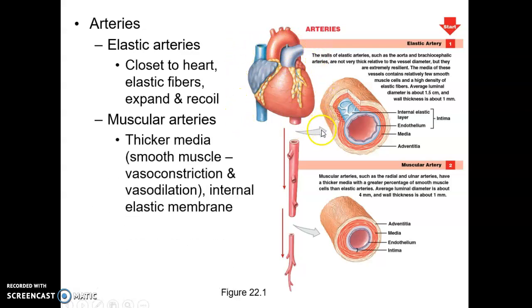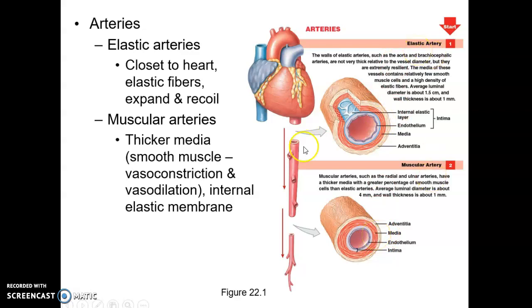Then there's a transition to the muscular arteries. So proportionally, there's a thicker media, or tunica media, in the muscular arteries compared to the elastic arteries. The elastic arteries are larger, thicker in diameter compared to the muscular arteries, but when you consider the blood vessel wall, the media is proportionally larger in the muscular arteries.